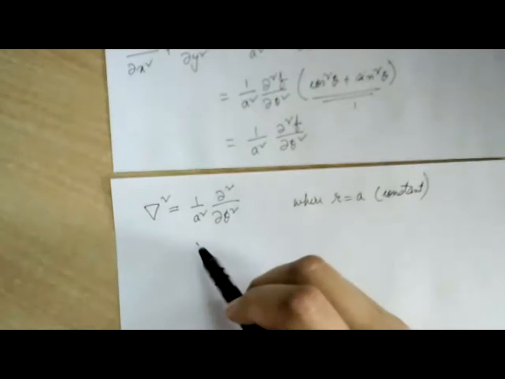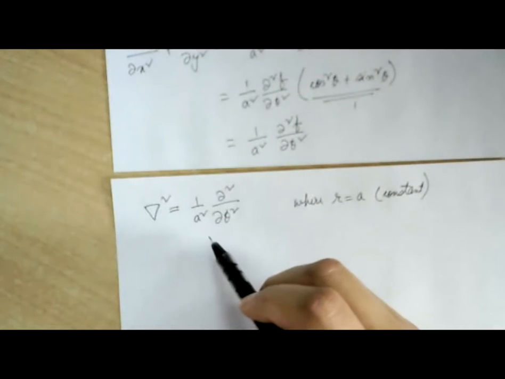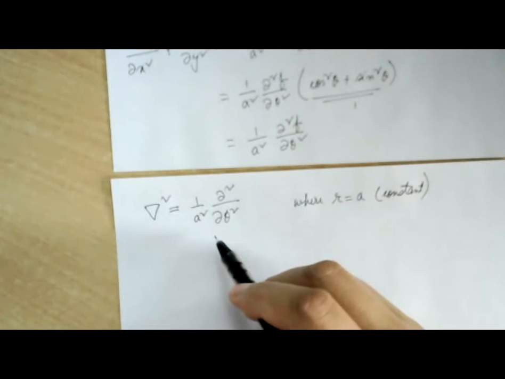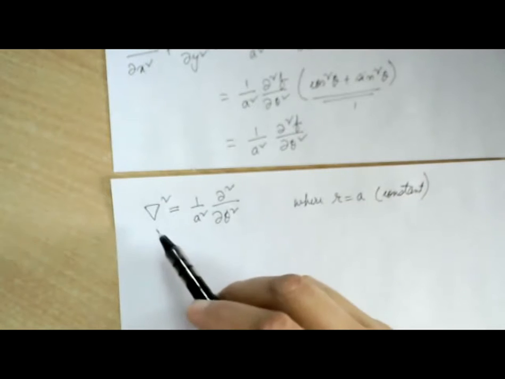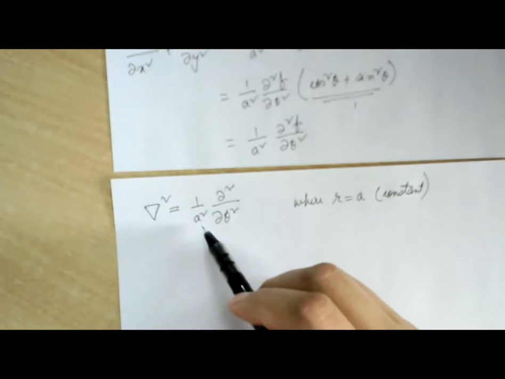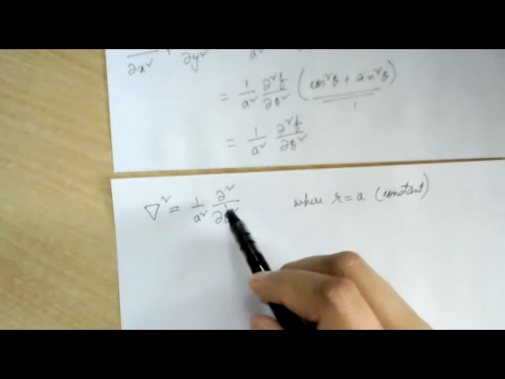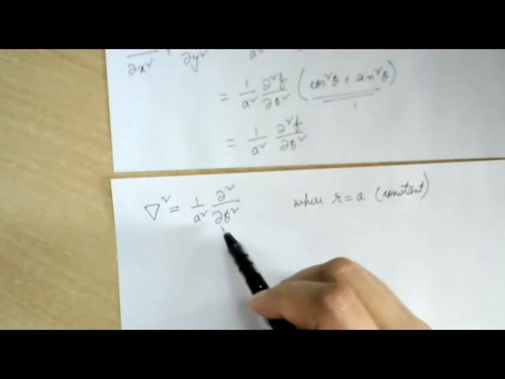In polar coordinates, if we keep the radial coordinate r as a constant, then the Laplacian operator is equal to 1 by a square del 2 by del theta square.